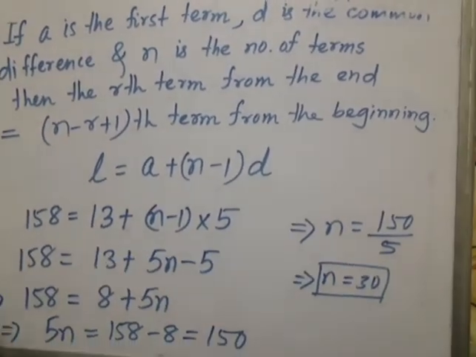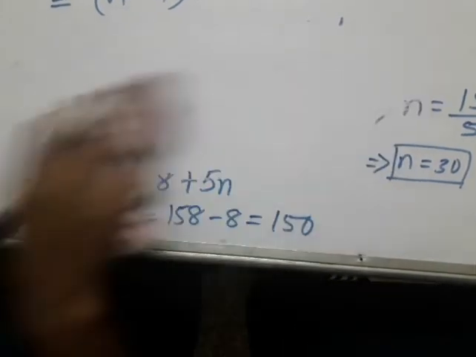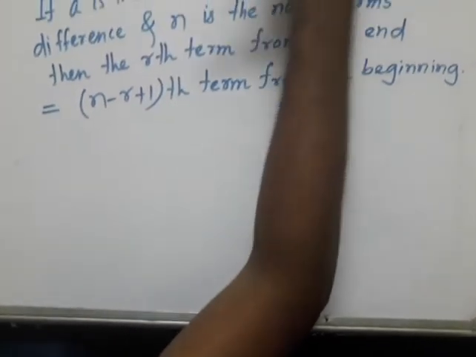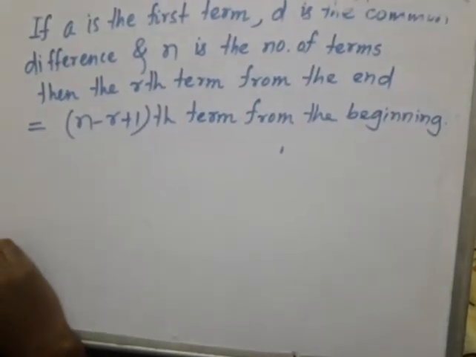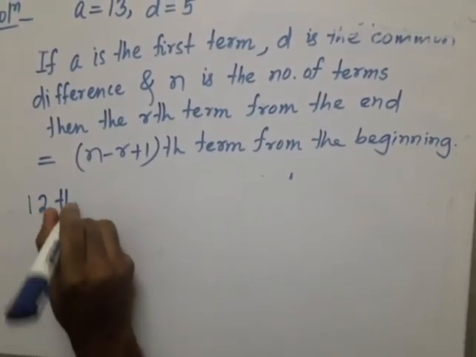Now it is asking us to find the 12th term from the end. Find the rth term from the end, that means r is equal to 12.